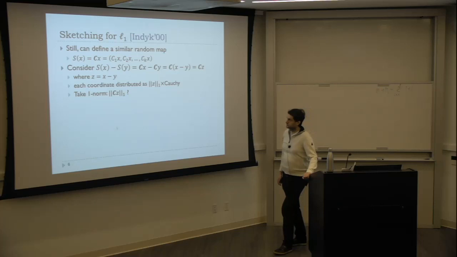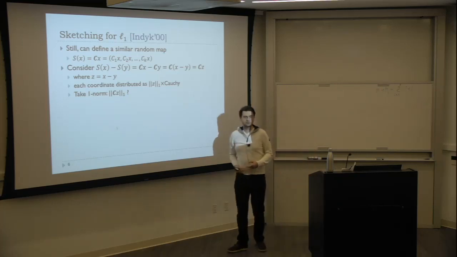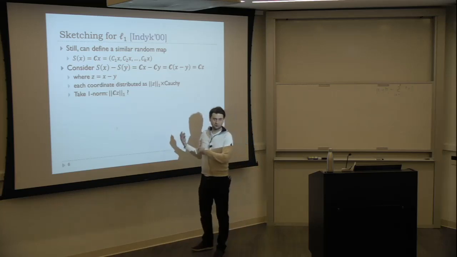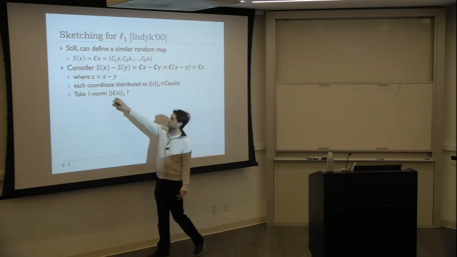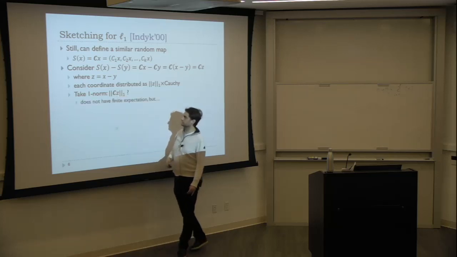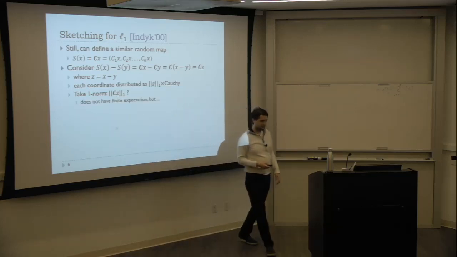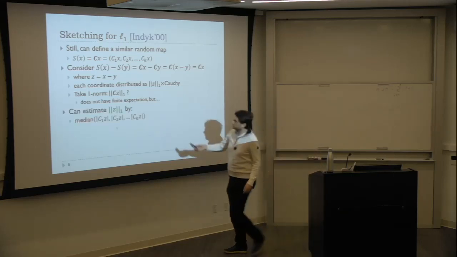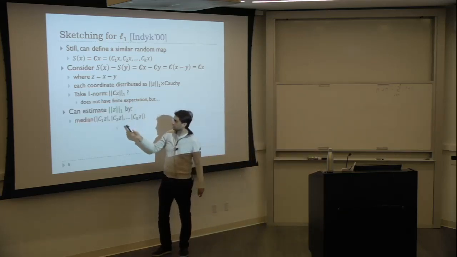Okay, so if we were to do exactly the JL analog of this map, then we would take the L1 norm of a projection, namely Cz. But again, I said this doesn't have any finite expectation or moments. What we can do instead is, instead of computing the L1 norm of this, take the median.